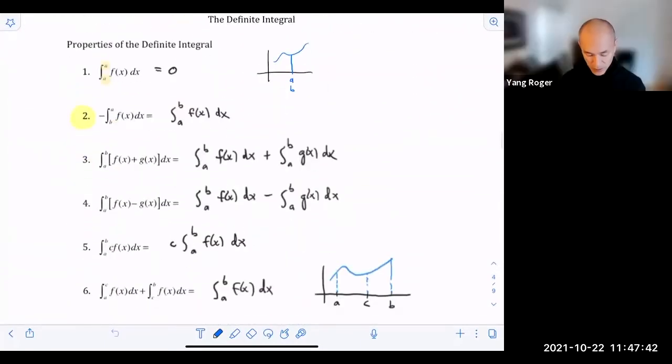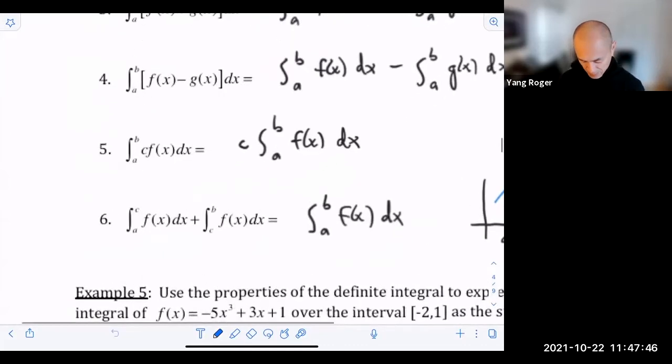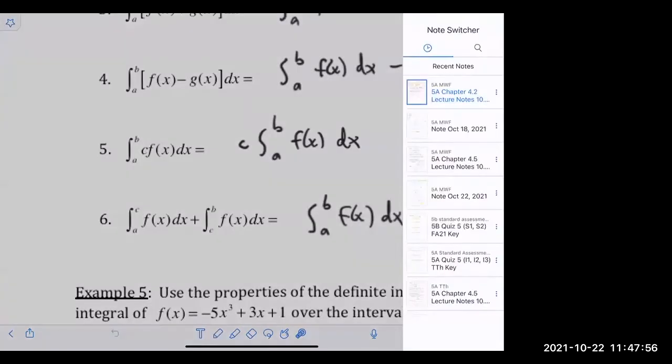See how we have these properties of the integral? Number 5. Anytime you have a constant times your function, you can pull the constant out. Does that make sense? Yeah. Thank you. Okay, no problem.